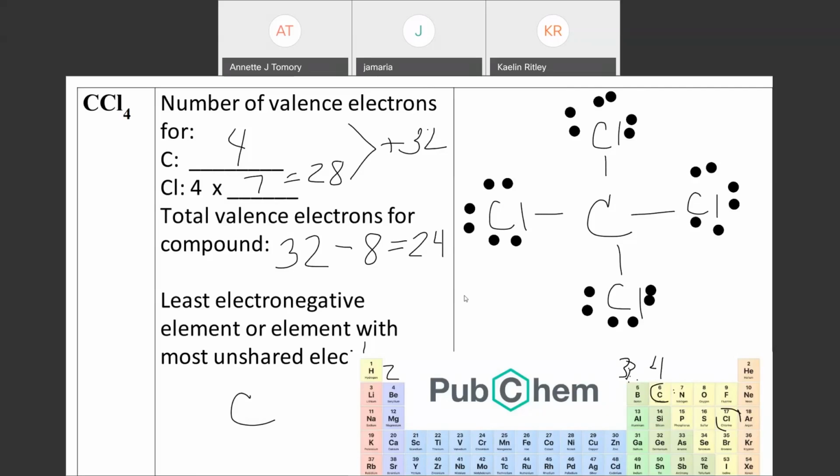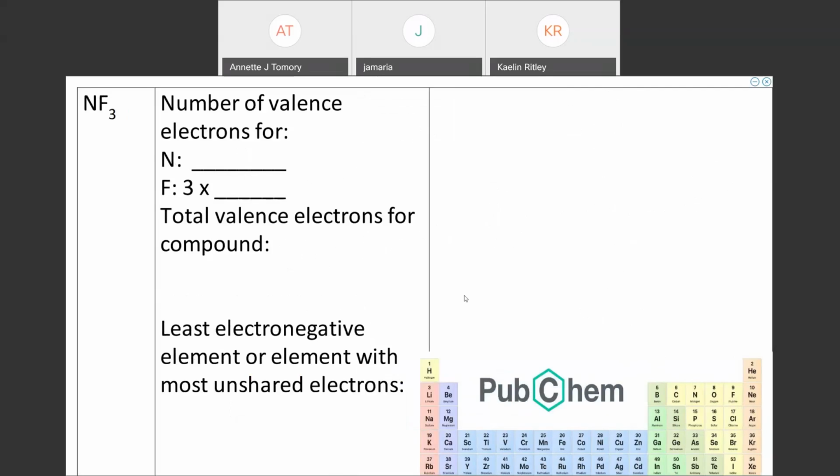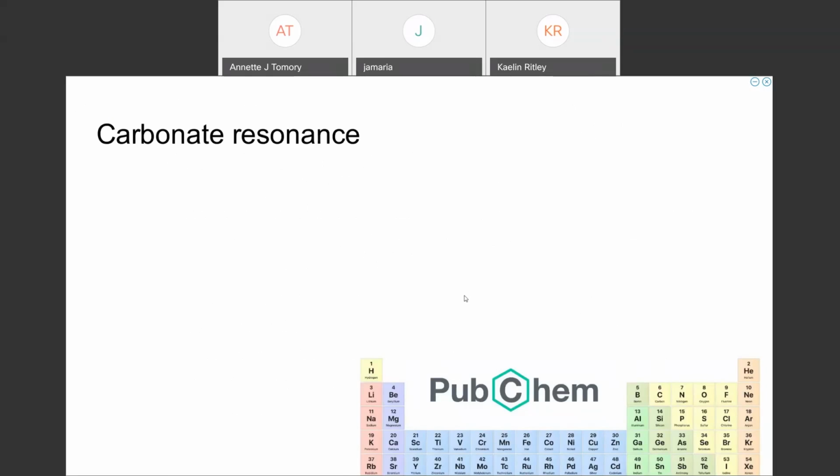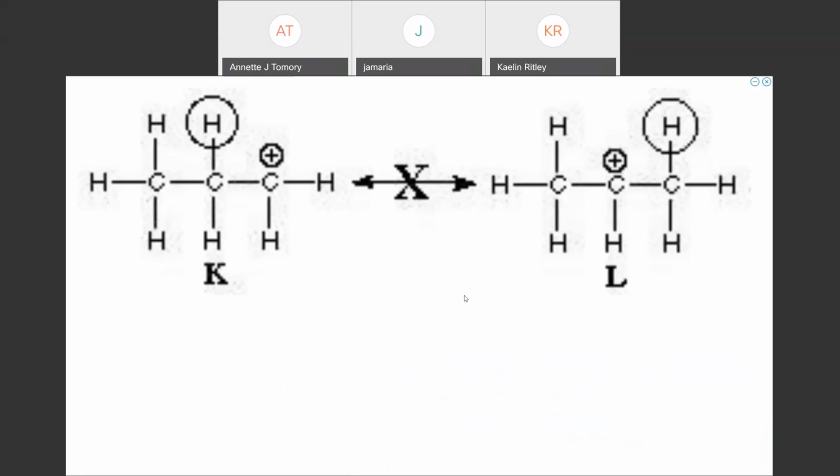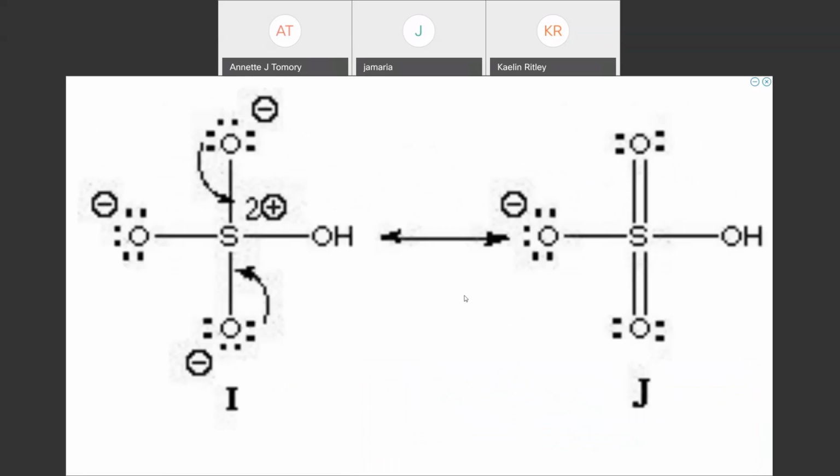Ta-da! Let me see if I can find one that is an expanded octet. This is my little thing about resonance. I'm sure you guys don't know what resonance is. I don't think I discussed it last year because I ran out of time.